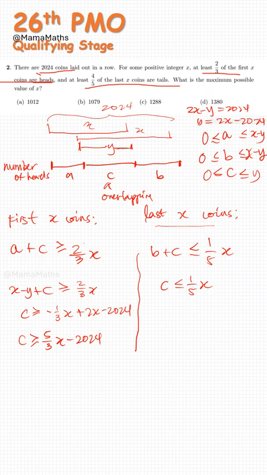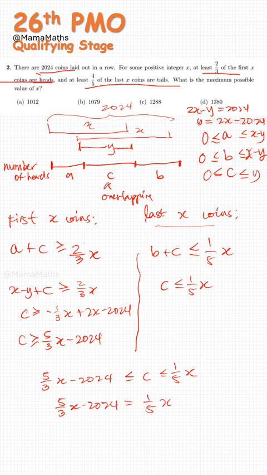So 5/3 x minus 2024 should be less than or equal to C, which should be less than or equal to 1/5 x. Now what would happen if they are equal? So we have 5/3 x minus 2024 equals 1/5 x.